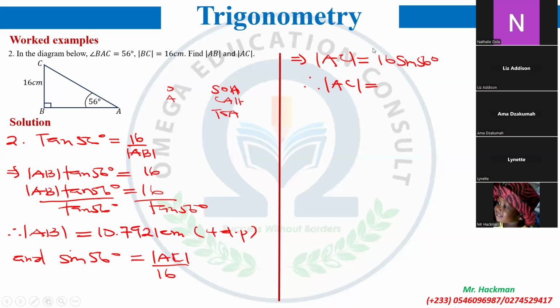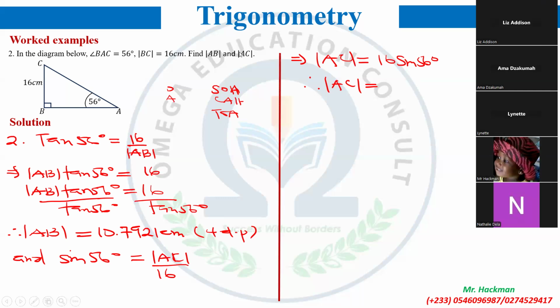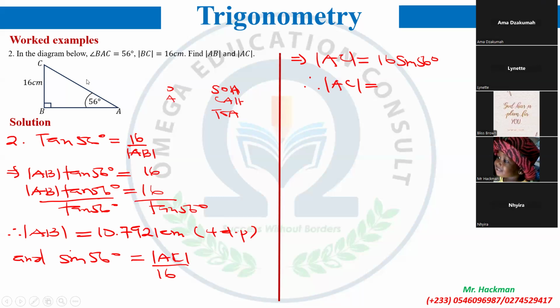Okay, Prof. Jakuma, forgive me. Okay. So please, the AC is the hypotenuse, but sine functions are opposite first over hypotenuse.